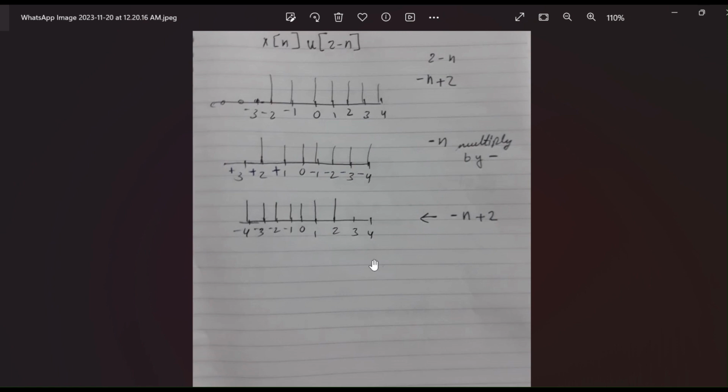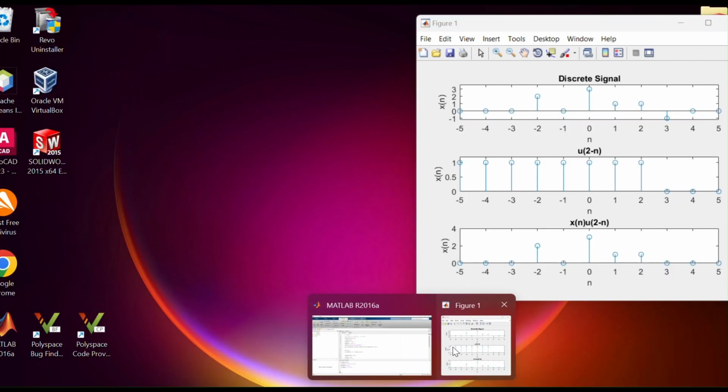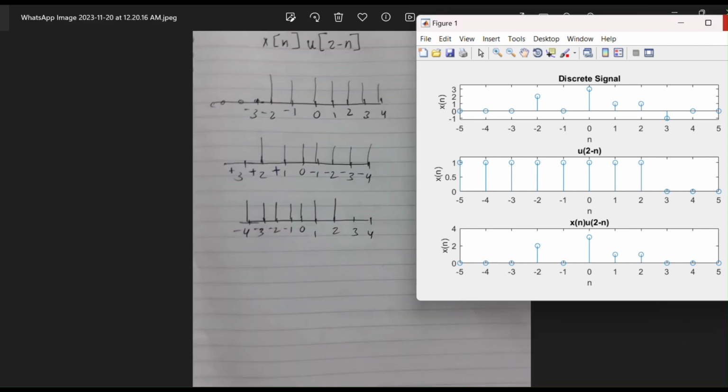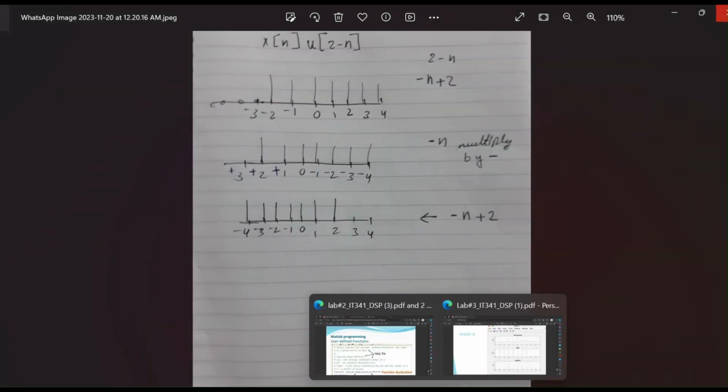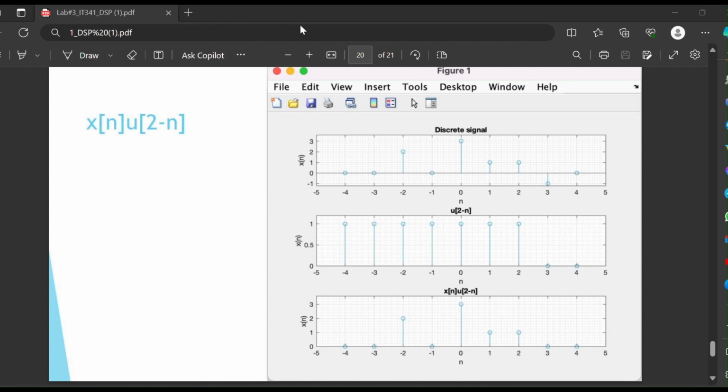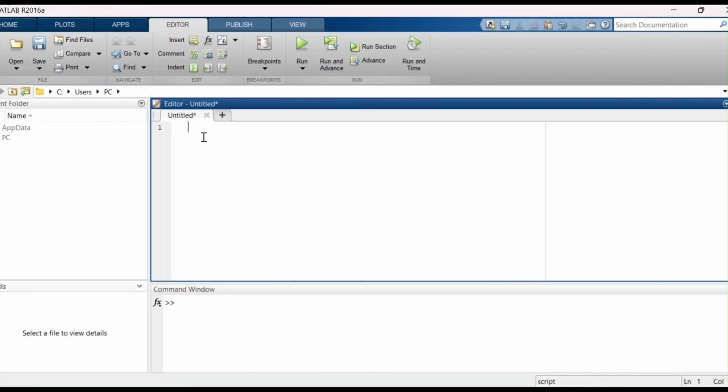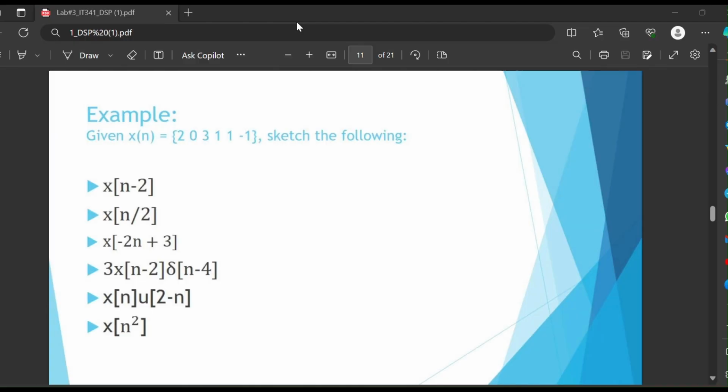Now let's write it in code. First, I want to start from negative 5 to 5. The points as before, which were 2, 0, 3, 1, 1, negative 1.